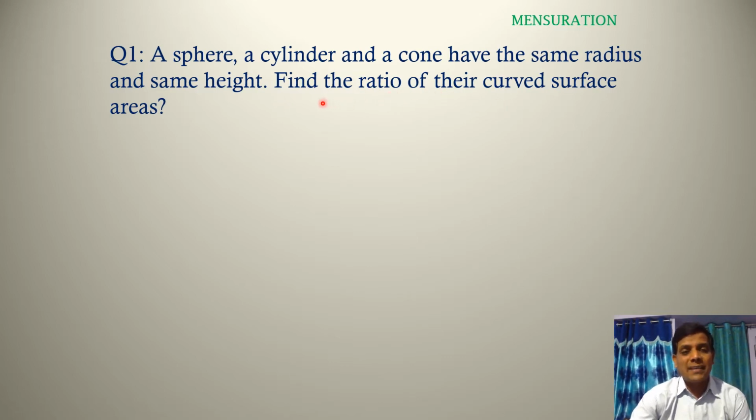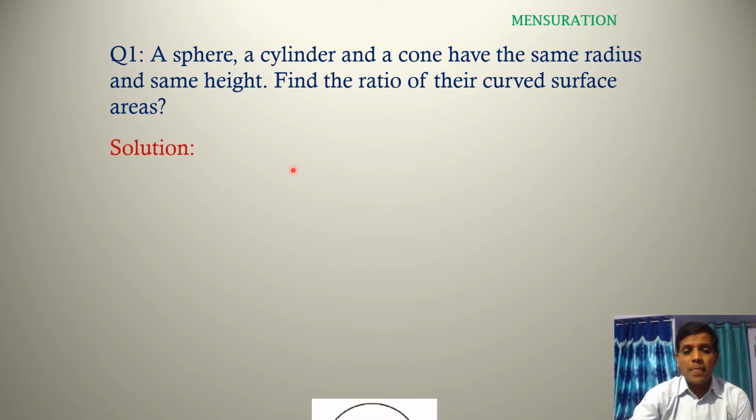Now the reasoning: which formula is applicable to the given question? The surface area of a sphere is 4 pi r square. CSA of a cylinder is 2 pi r h. CSA of a cone is pi r l. Is it clear? So, coming to the solution.